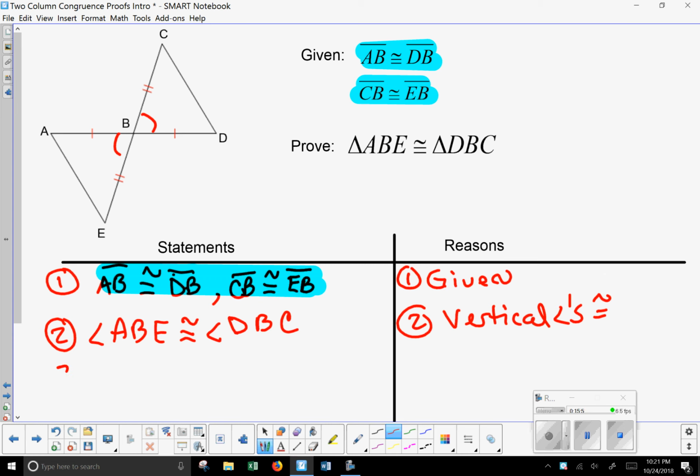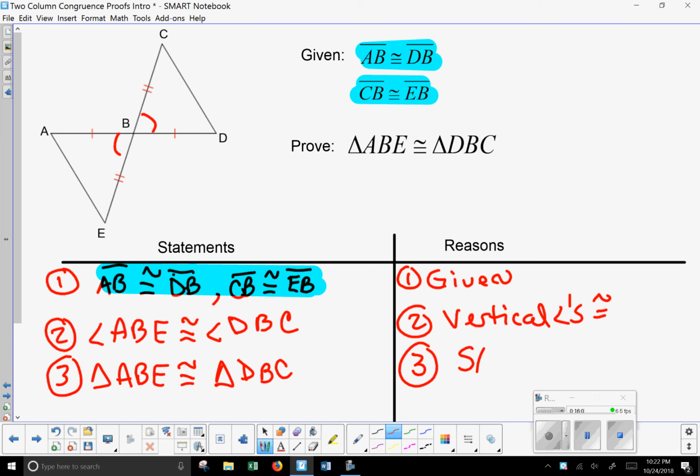So was that enough to say that the triangles were congruent? It was. So I know triangle ABE is congruent to triangle DBC, and I know that my reason is side angle side. Notice the last statement of my proof has to match my last statement of what I'm trying to prove.